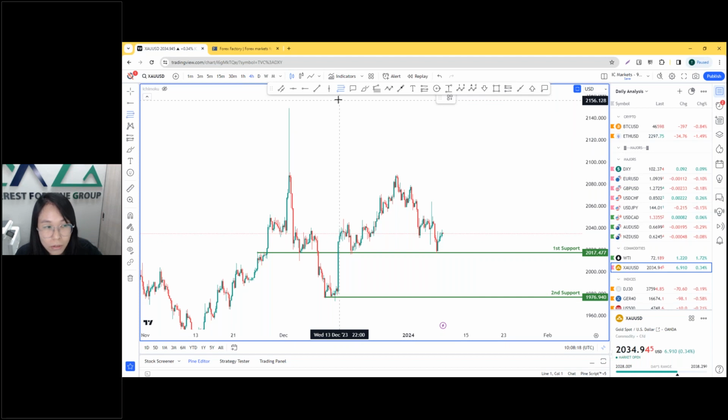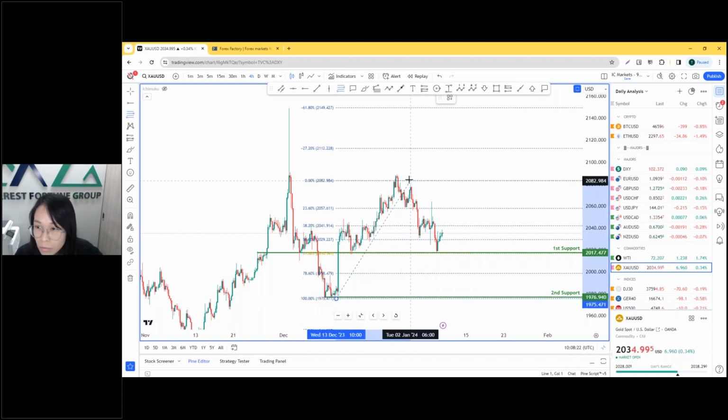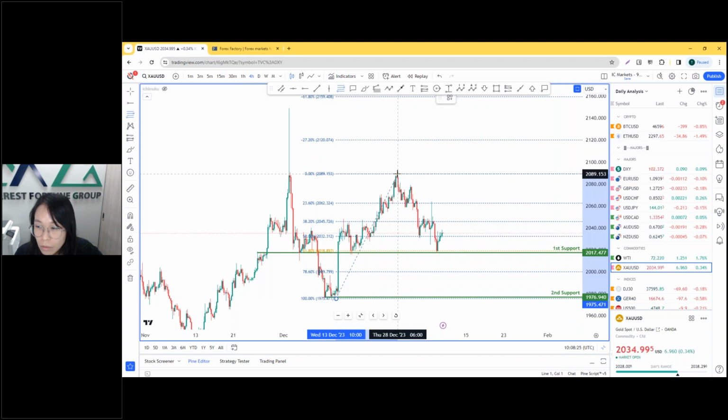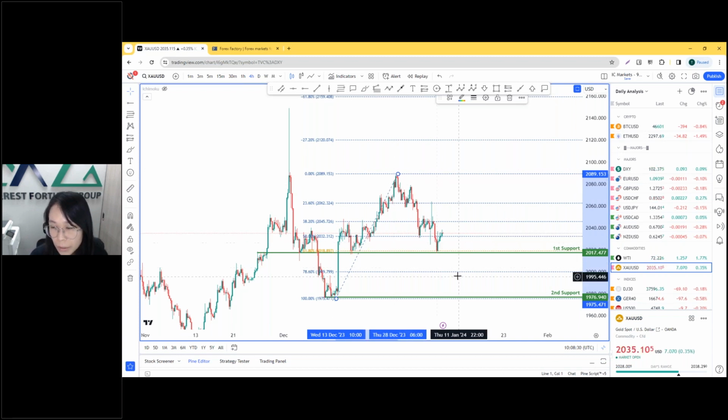You could draw it. Oh nice, the 61% Fibonacci retracement level is aligned nicely with the first support.